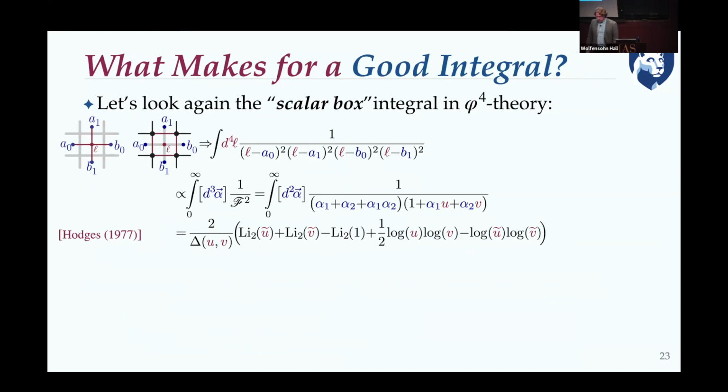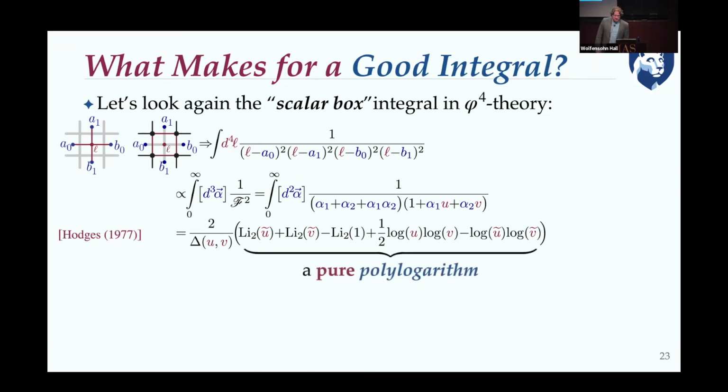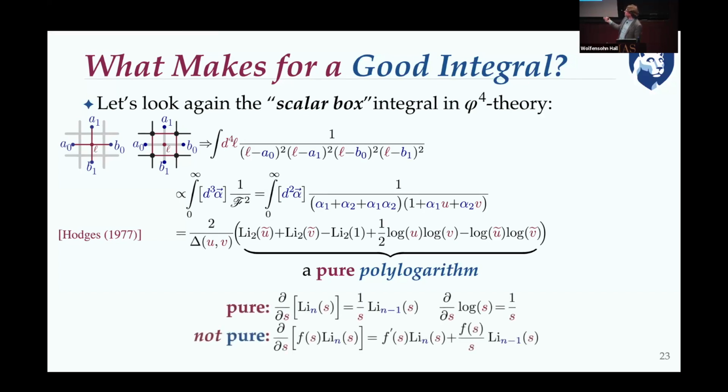Now, the square root depending on u and v means that when I hit this thing, this part here, which just has no algebraic prefactors, is a pure polylogarithm. I'll define pure in a second. A pure function is one which, when you hit it with the derivative, goes down to something of strictly lower weight.